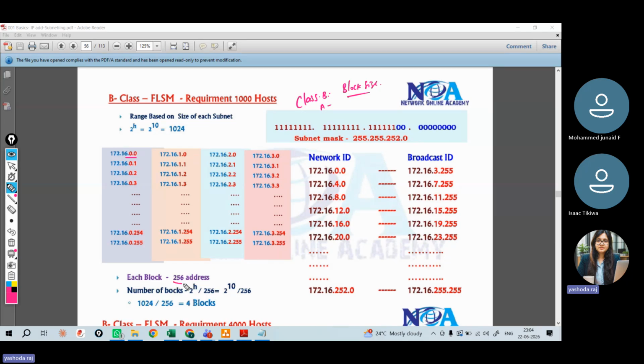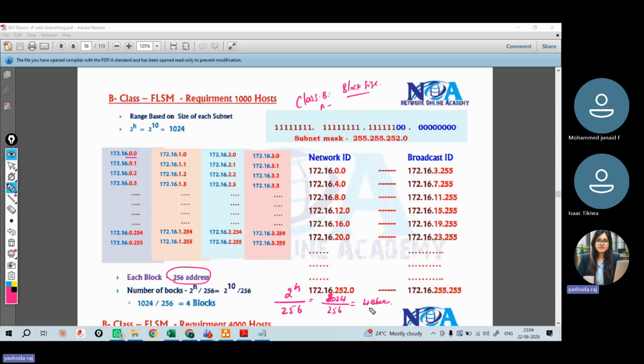Each block considers 256 addresses, and the number of blocks is 2 power h divided by 256. For example, 2 power h is 2 power 10, which is 1024, divided by 256, which is equal to 4 blocks.